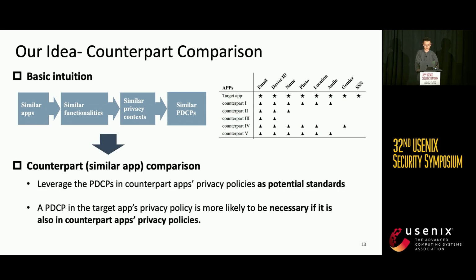Therefore, it's possible to leverage the PDCPs in counterpart apps' privacy policies as the potential standards to judge whether those PDCPs are overbroad collections. So a PDCP in the target app's privacy policy is more likely to be necessary if it's also in counterpart apps' privacy policies.